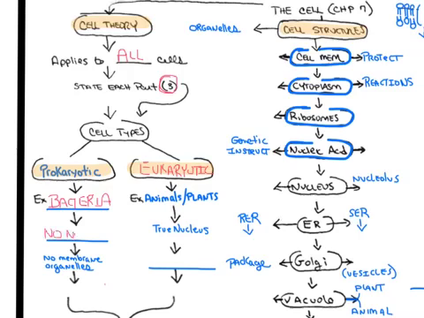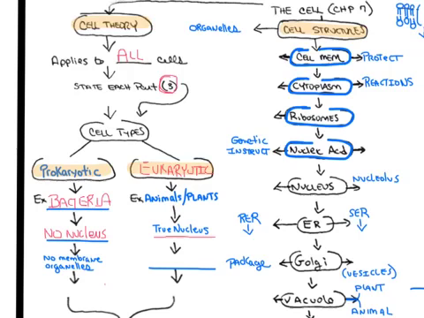Their DNA is in the cytoplasm with no membrane protecting it from the rest of the internal cellular environment. Both cells contain DNA, but the difference is eukaryotes have their DNA protected by a membrane. Prokaryotes do not have their DNA protected by a membrane.